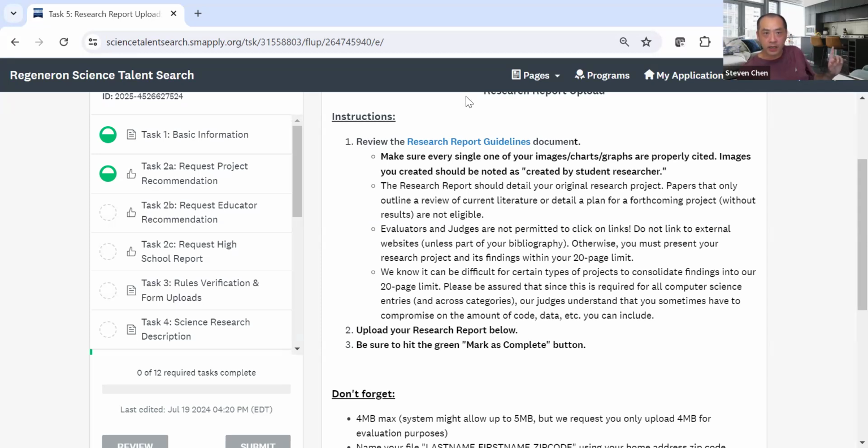Okay? So in Regeneron STS, this is something you have to be very careful about. If your paper uses the plural form "we," then in your research report, I strongly suggest you change it to "I," not "we."